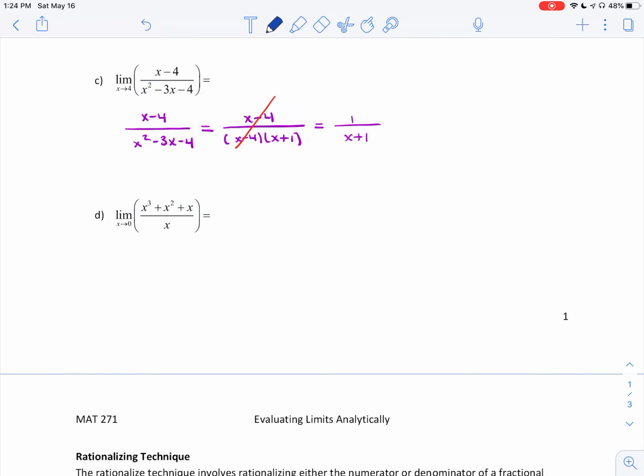All right, so our limit that we were originally given is equal to the limit as x approaches 4 of 1 over the quantity x plus 1. Just use direct substitution. Plug 4 in for x, and we get 1/5.